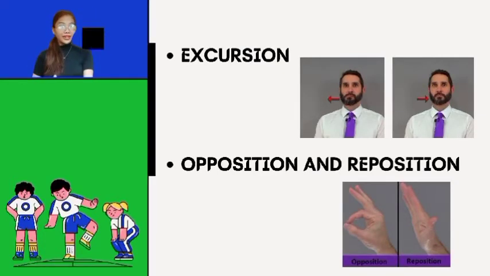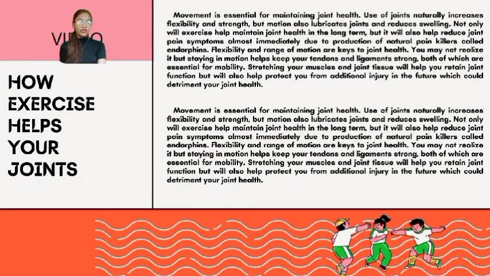So, now we are done with classification of joints, yung fibrous joints, cartilaginous joints, and synovial joints, types of body movements, and then let's go on to how exercise helps joints. So, how does exercise help your joints? Movement is essential for maintaining joint health.